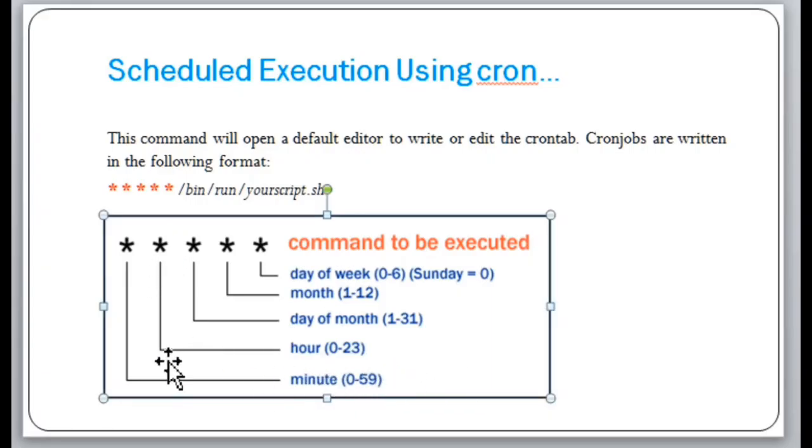The second one, you see here, represents hours, so hours 0 through 23. Remember in Linux, everything's written in military time. And then the third placeholder here equals the day of the month, 1 through 31, okay? Not all months will have 31 days, obviously, but depending on the month you select, it will know which day you want. And then the fourth one here, we have months 1 through 12. And then the last one here, day of the week, 0 through 6, 0 representing Sunday.